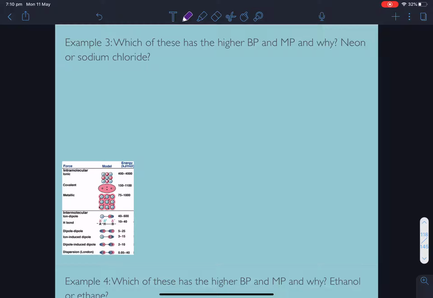When we're talking about sodium chloride, we're talking about ionic bonding. When we're talking about neon, what exists between two neon atoms? They're non-polar, and so they're just dispersion.